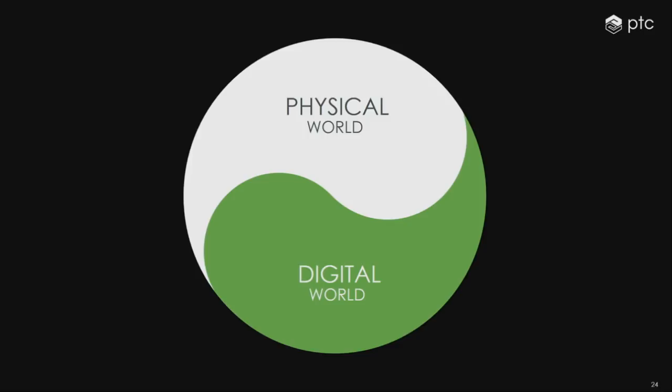The way we look at things is there's a huge convergence going on, a yin and yang between the physical and digital worlds. And the first step in that is really what has been enabled by IoT.